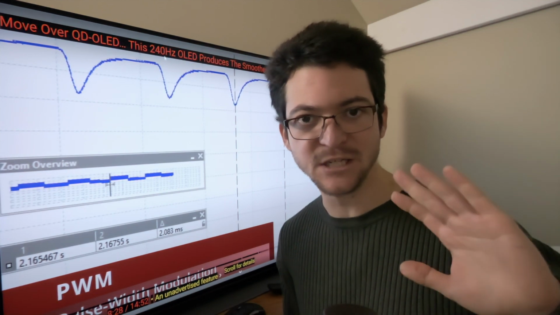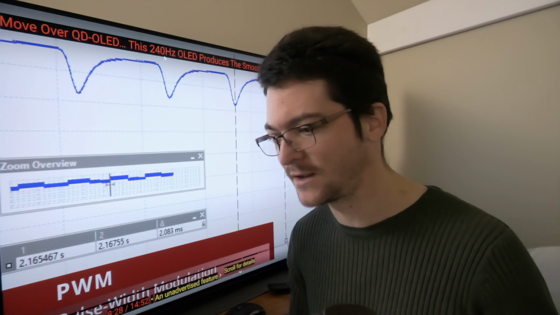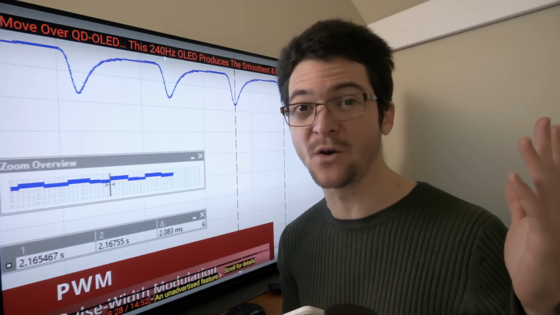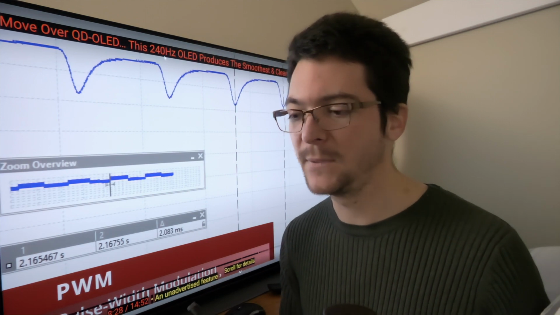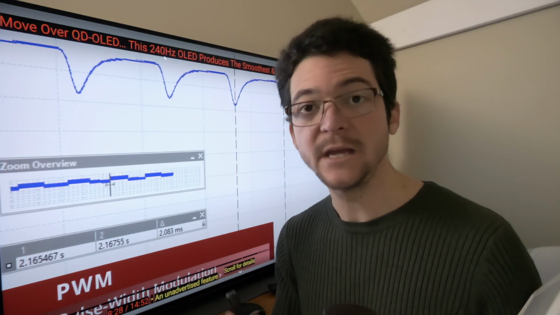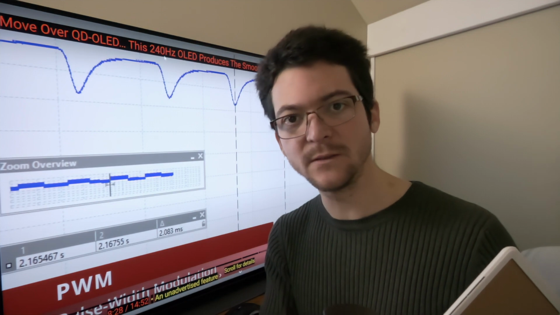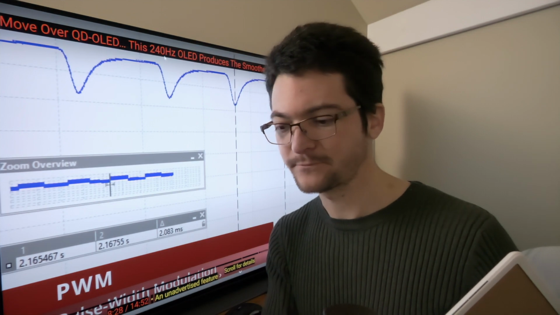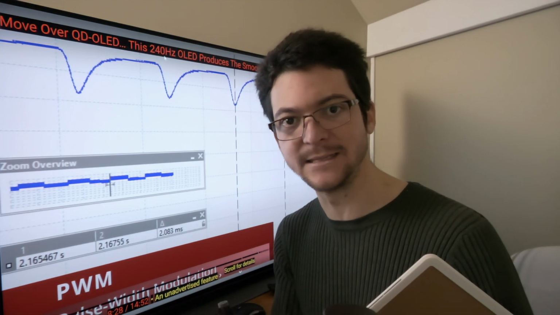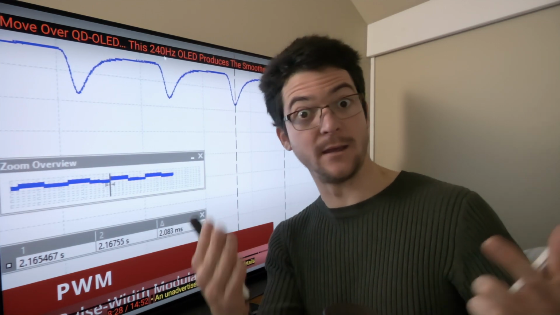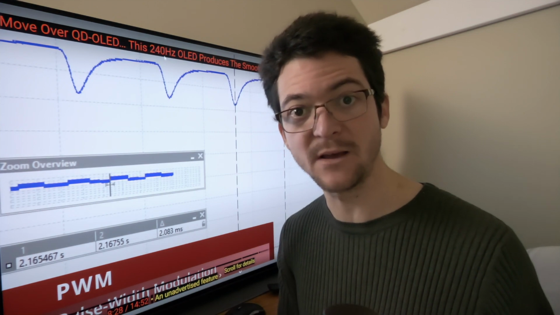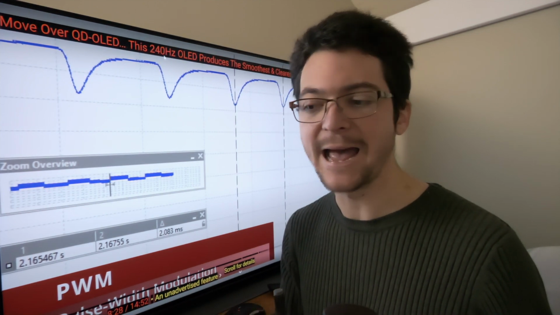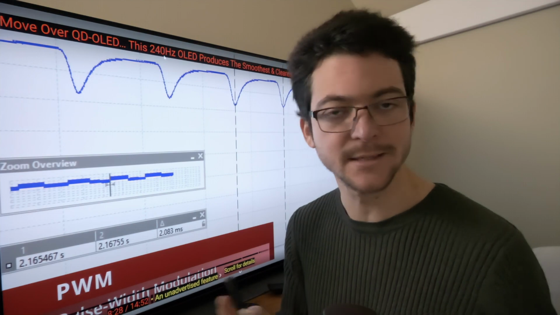Okay, we know the G3 doesn't have 120 hertz black frame insertion. It's not confirmed yet, but nobody talks about that, and I believe it would be big news because they removed it from the G2. So if the G3 has it, it would be news: hey, LG is including 120 hertz black frame insertion again. Because I haven't seen that, it doesn't have it.